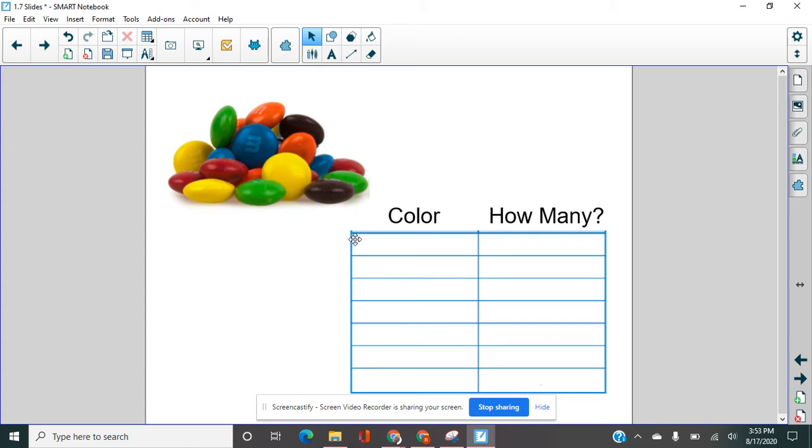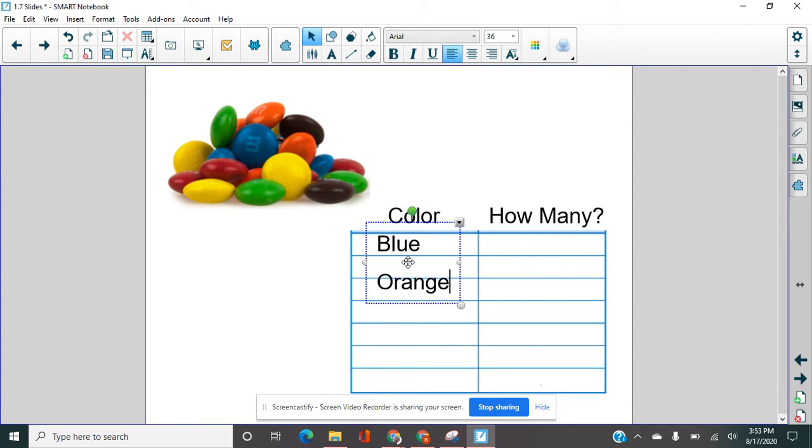So the colors that I see: blue, orange, yellow, red. Let's see. Is that brown? I think those two are brown. Brown. Did I miss anything? Oh, yep, I did. Green.